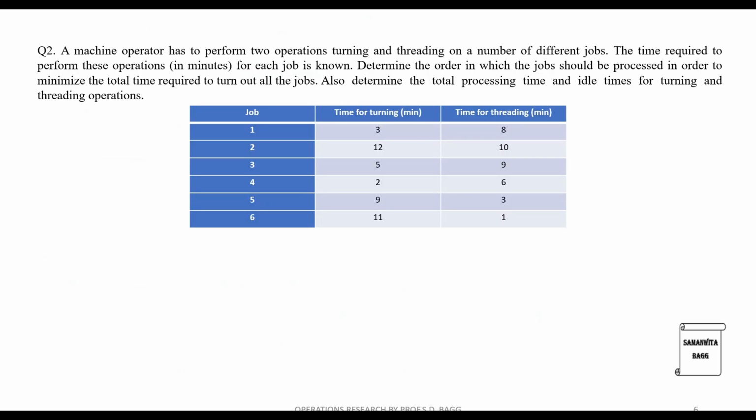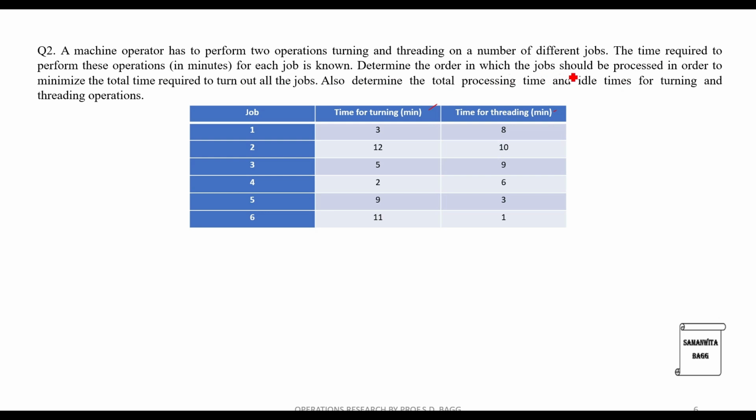A machine operator has to perform two operations, turning and threading, on a number of different jobs. So there are 6 jobs. You are performing two operations, turning and threading. The time is given in minutes. As you can see over here, it is minutes. The time required to perform these operations in minutes for each job is known.